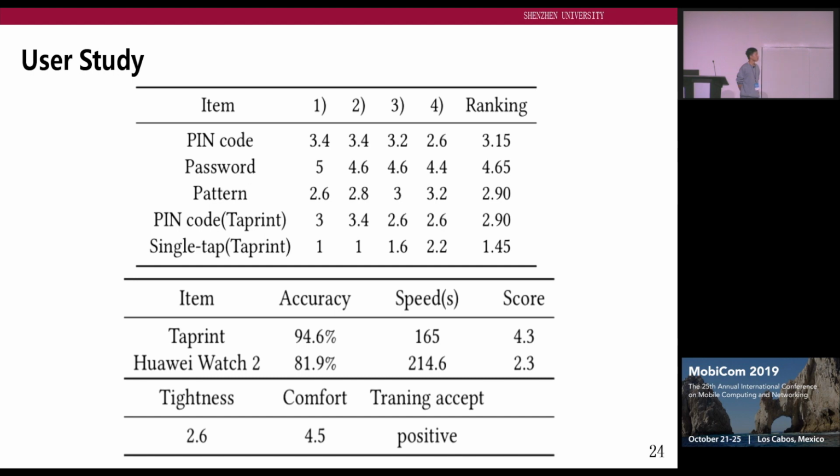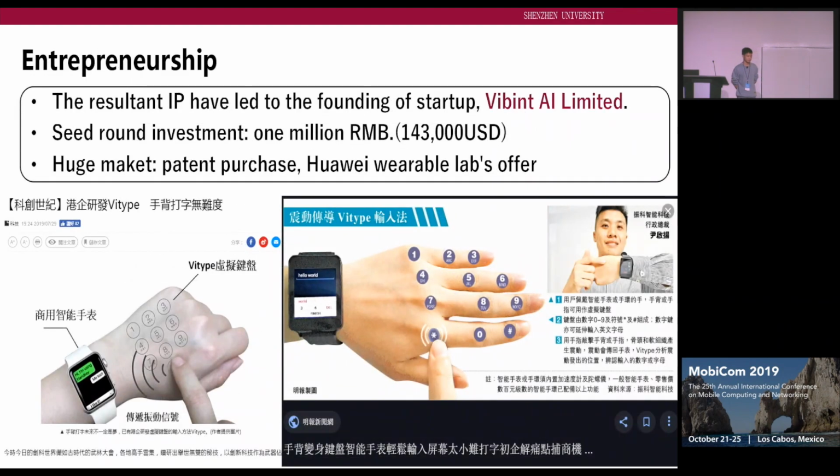Finally, we want to know how the users feel about the system, and they feel quite positive. And the resultant IP has led to the founding of START, Vaping AI Limited. As I know, this company has already received a seed round investment of about 1 million RMB, and they are working on the next round of investment of about 500 million RMB, which is 5 times this number.